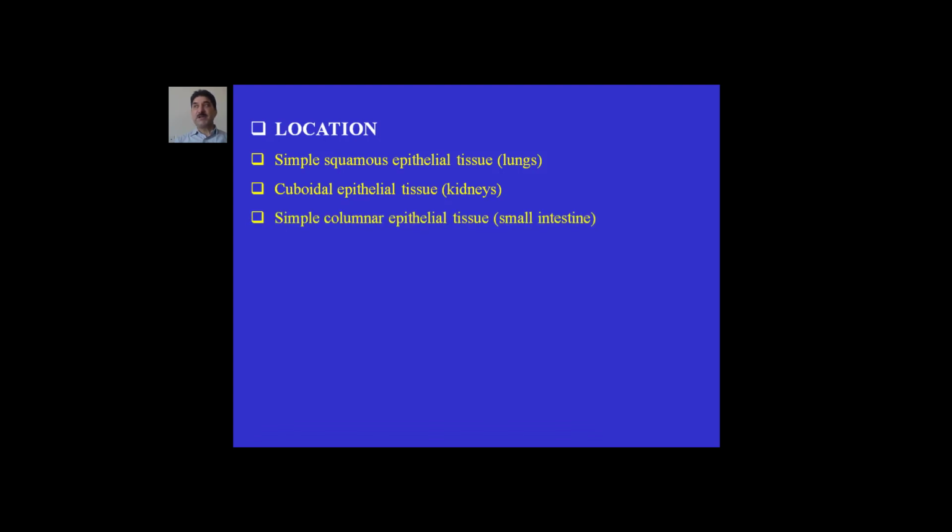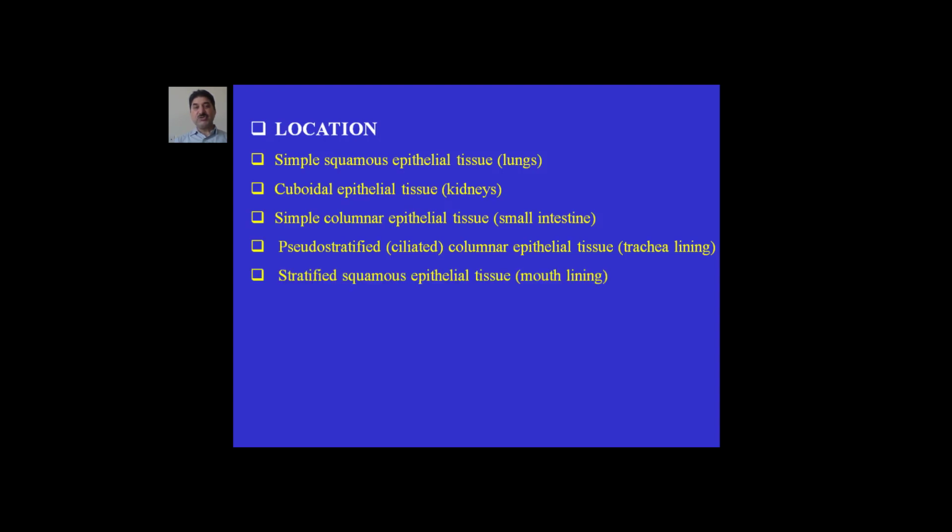Simple columnar epithelium is found in those parts of the body where the function is either absorption or secretion, for example, in the gut. Pseudostratified ciliated columnar epithelium is found in the trachea because these cilia remove mucus, which is trapped by the mucus produced by the goblet cells, towards the nasal cavity.